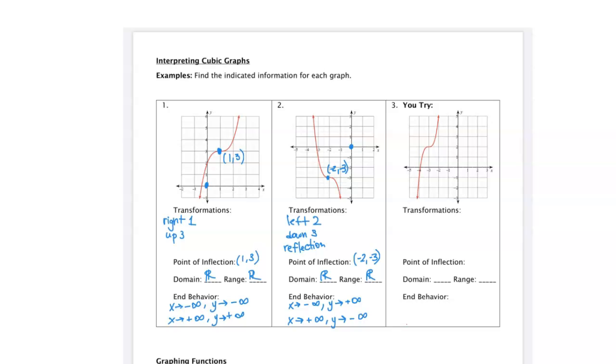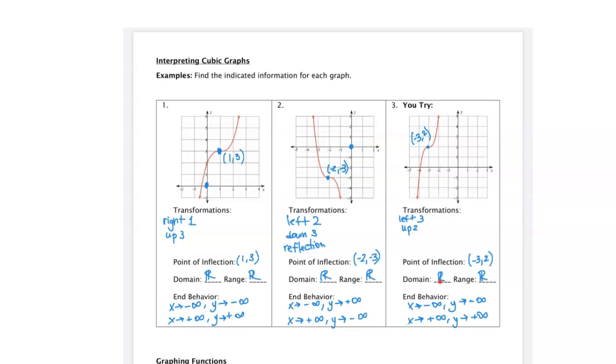Okay. For number 3, go ahead and pause your video and try it on your own. And here are your answers. So our point of inflection was at -3, 2. Our original point of inflection would have been at 0, 0. So we ended up shifting left 3 and up 2 as our transformations.